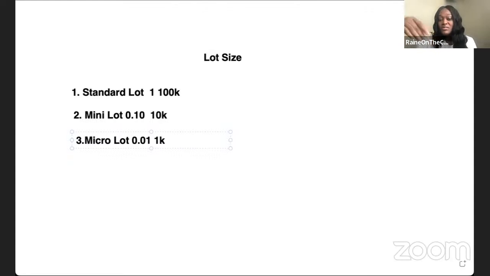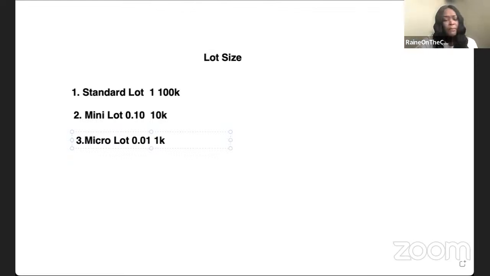So if you want to be using a lot size of 1, you need to have $100,000. If you want to be using a lot size of 0.10, you need to have $10,000. And the micro lot 0.01 is if you have $1,000.